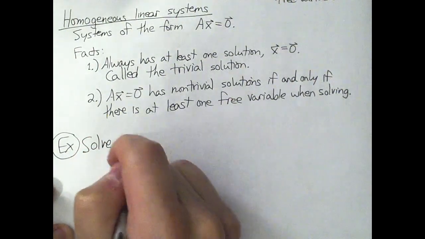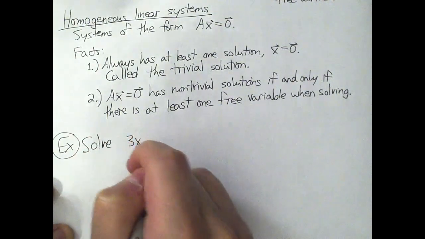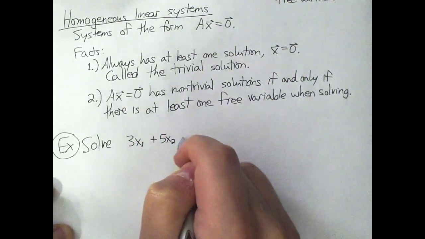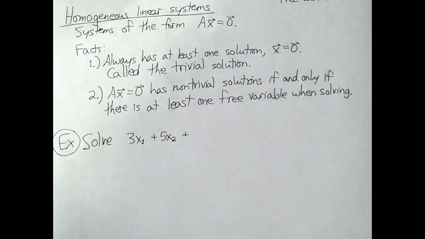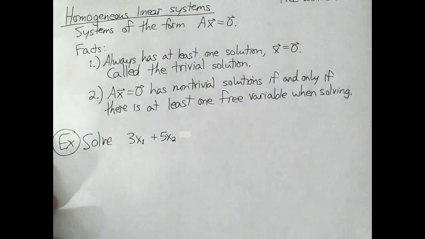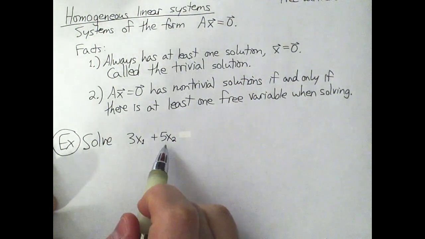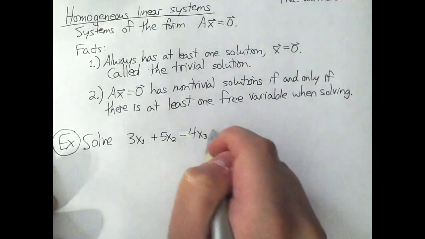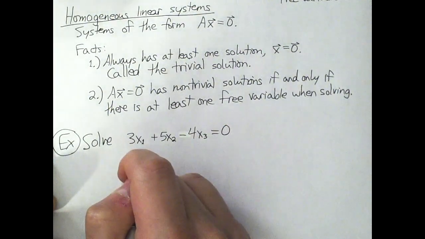Solve. I'm going to talk us through this. It's going to be another linear system. This is going to have 3 equations and 3 unknowns. This symbol I'm writing, I want this to be a minus sign. 3x1 plus 5x2 minus 4x3 equals 0.